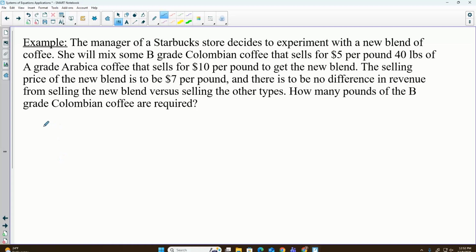So what am I trying to find? What are my two things? How much of it? Okay, so we know the B grade is $5 per pound, and she's mixing it with 40 pounds of the A grade.